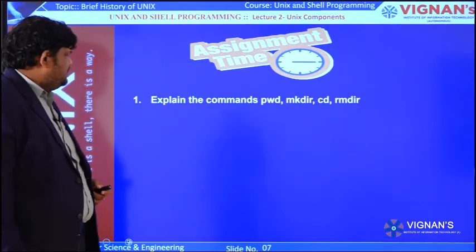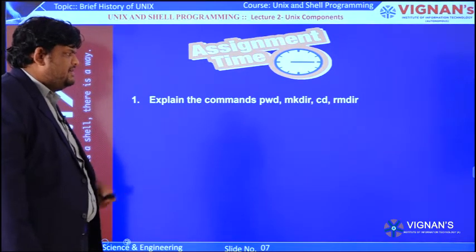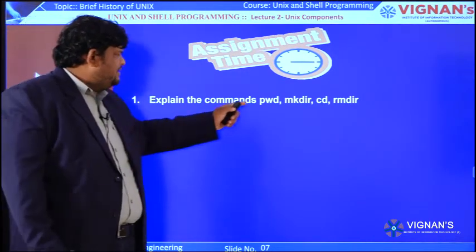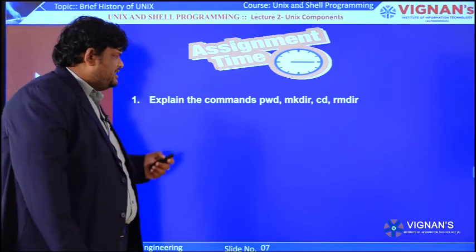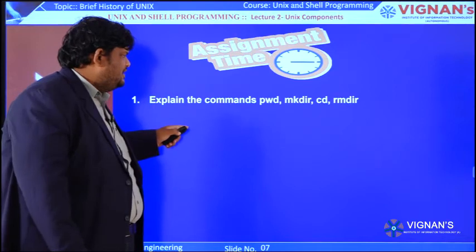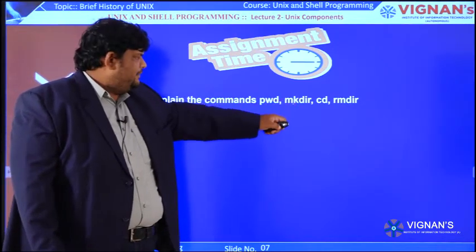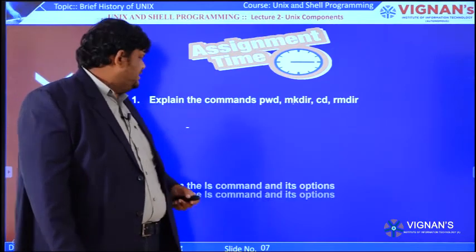Coming to the questionnaire: explain the commands pwd, mkdir, cd, rmdir. We have to write everything along with syntax and explanations. How the present working directory shows the path, how we create a directory, and next how we remove the directory.